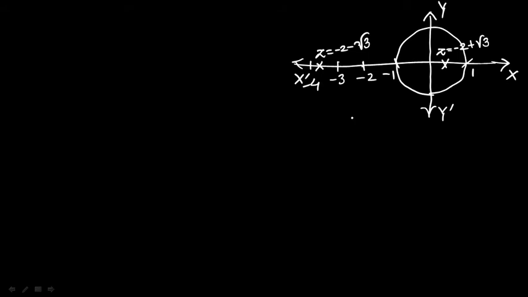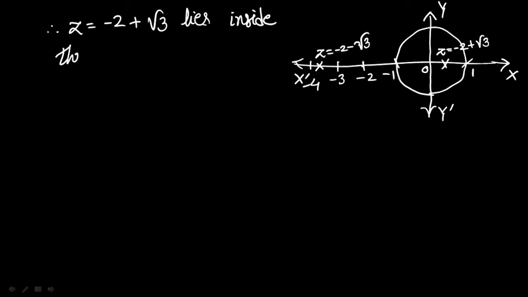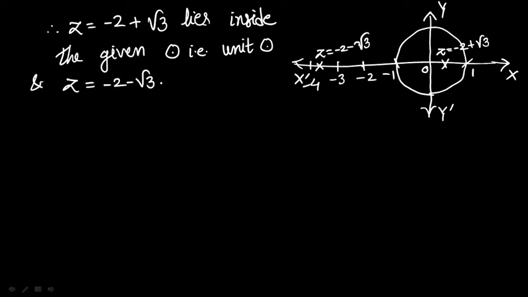Okay. Now out of these two poles, z equal to minus 2 plus root 3 lies inside the given circle, that means the unit circle, and z equal to minus 2 minus root 3 lies outside the unit circle.